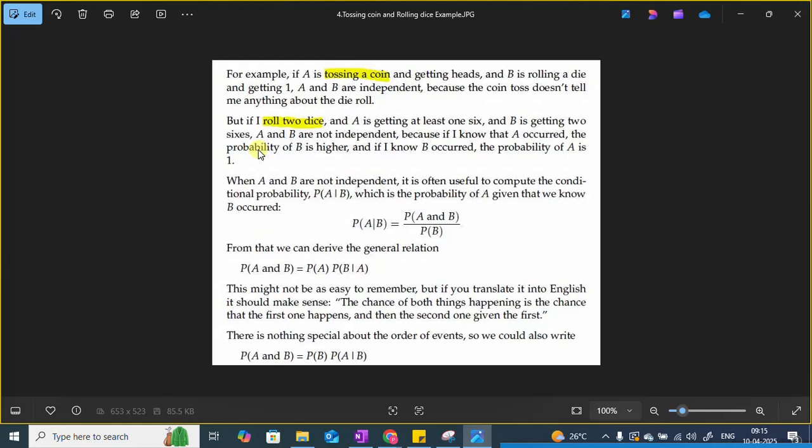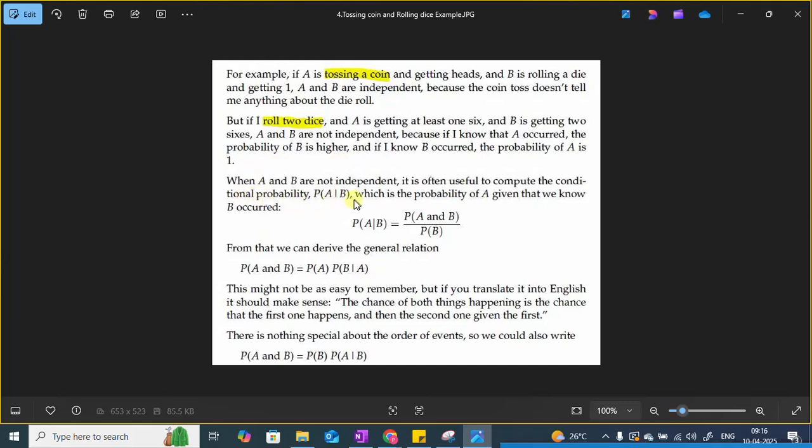Okay, but if I tell a second scenario, if I roll the dice two times, A is getting at least one six, and B is getting two sixes. Then A and B are not independent, because if I know that A occurred, the probability of B is higher, and if I know B occurred, the probability of A is one.